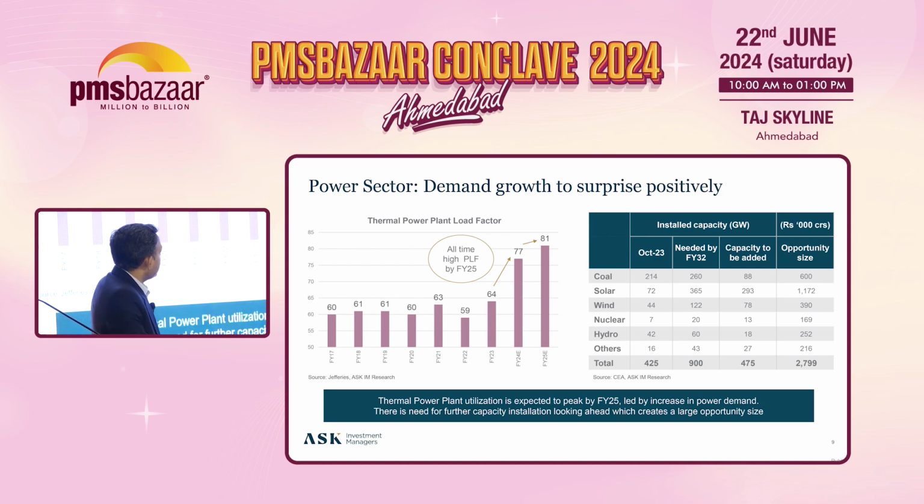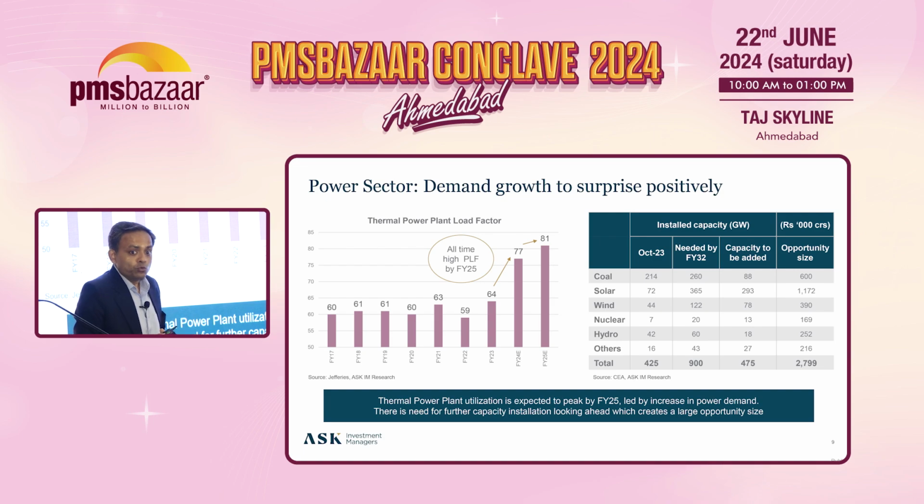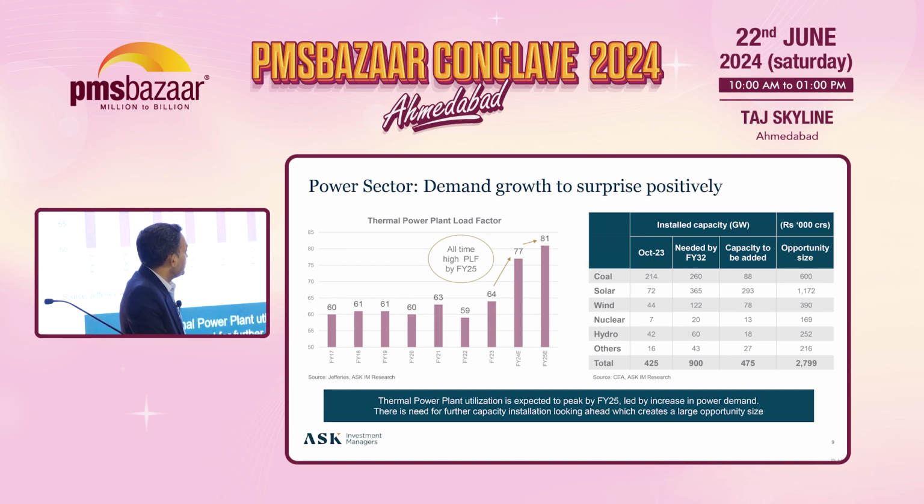So if we look at, let's say, the power sector. The power sector has a total capacity of roughly 450 gigawatts. The government plans to increase this capacity to 900 gigawatts by FY32, and China's current capacity is more than 3 times this number of FY32. And the government is continuously increasing its capacity addition targets.